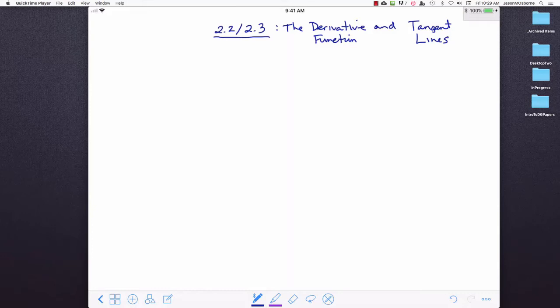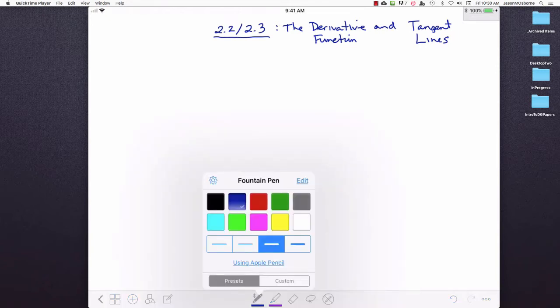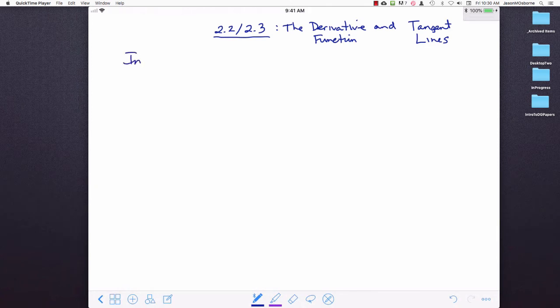In this video, we're going to look at a quick example of the derivative function and how the derivative function is related to tangent lines. In general, you could have some function y equals f of x given to you.